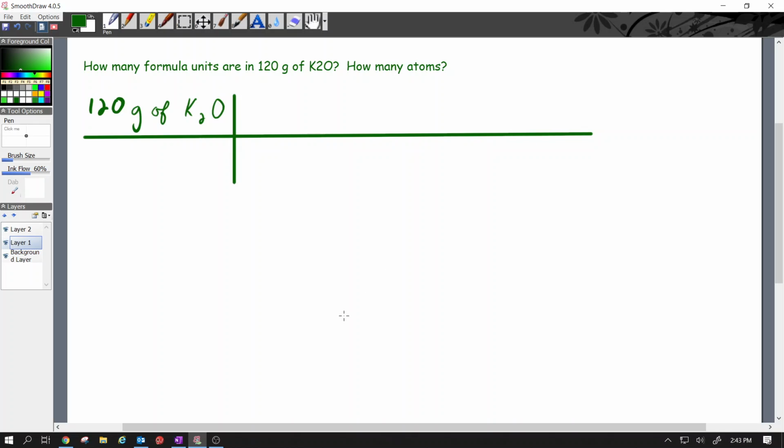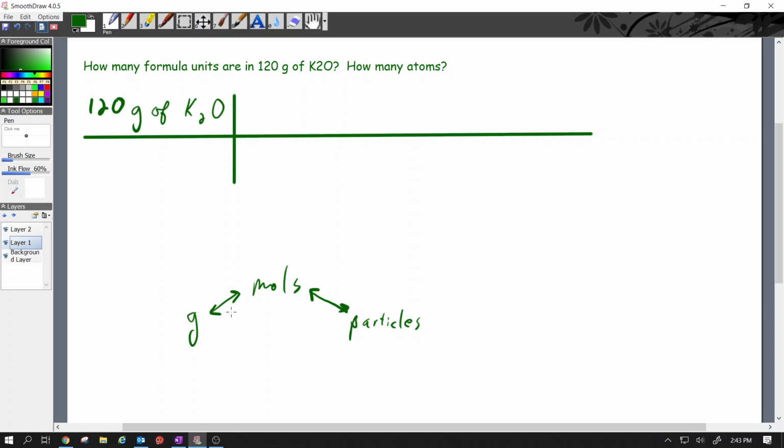Now, let me just real quickly remind you, you can go from grams to moles, and you can also go from moles to grams, and you can go from moles to particles, or particles to moles.